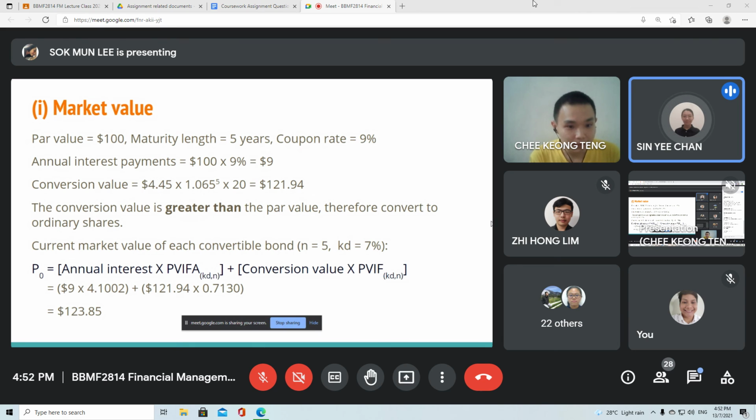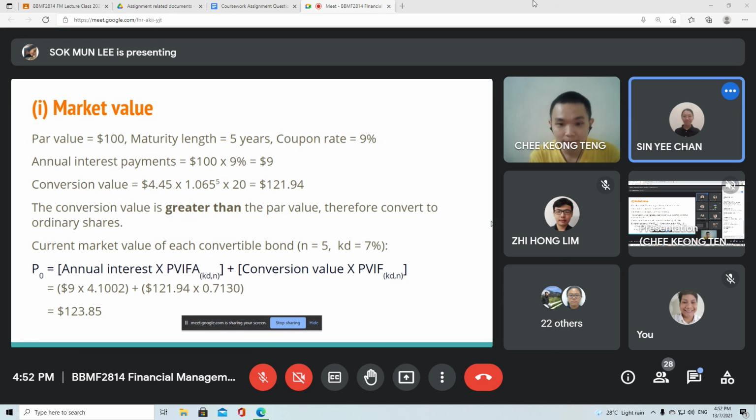And the conversion value is equal to the current ordinary share price times the growth rate times the number of ordinary shares that can be converted. So the current share price is 4.45 and the growth rate is 1.065, and the time is 5 years, times the 20, we will get 121.94.